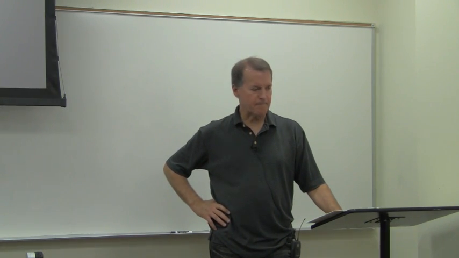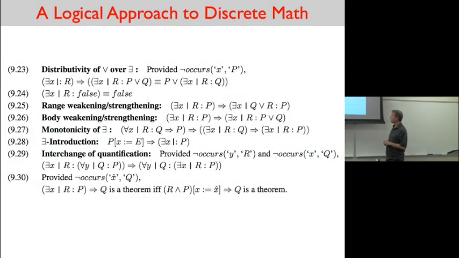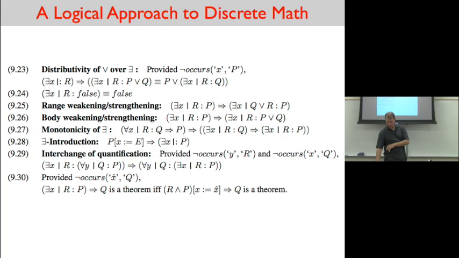I have a question on the last one. Sure. The last one being 9.28, Existential Introduction. Did I give you a hint on that? No. You know, that Existential Introduction corresponds to the one with an implication with the universal.